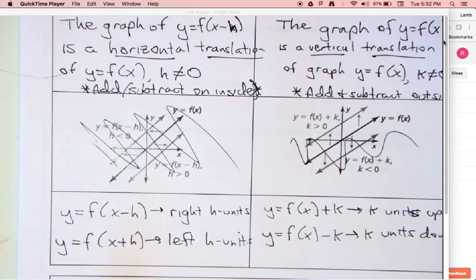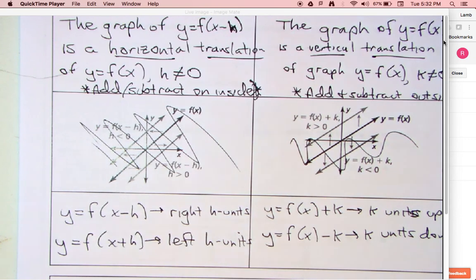We'll talk more about this moving forward. Similarly, if we add k units on the outside, it moves it up, and if we subtract, it moves it down, just like we looked at in Exploration 1 and Exploration 2.